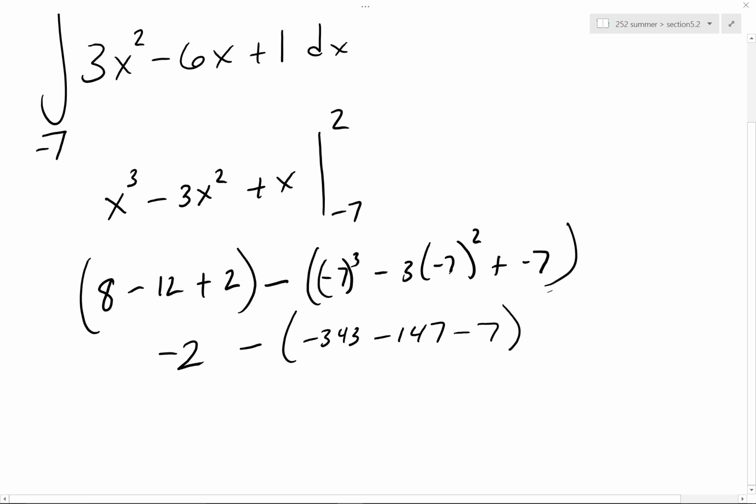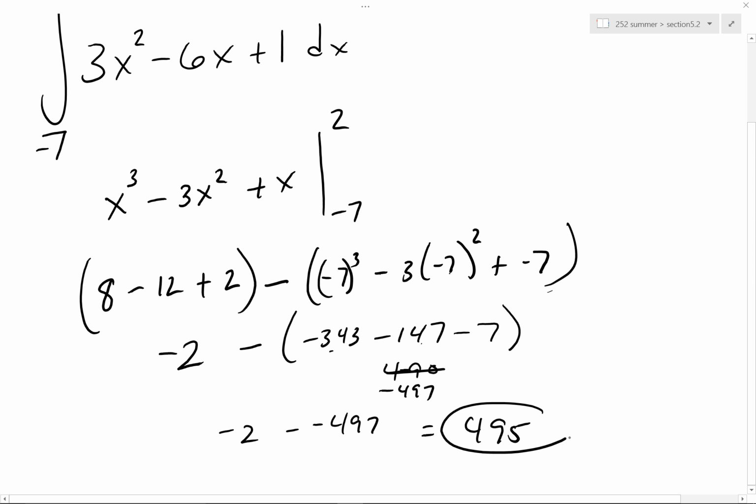So if you distribute that, well, let's add it up first here. That's going to be this plus this is a 0. Carry 1's a 9. 490. 497. So it's going to be -497. So it's going to be -2 minus a minus 497 is 495. That would be your final answer.